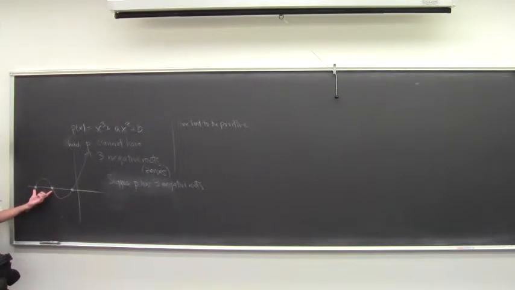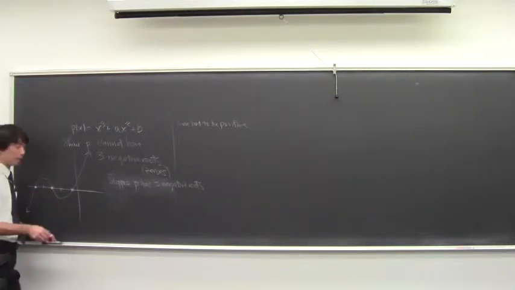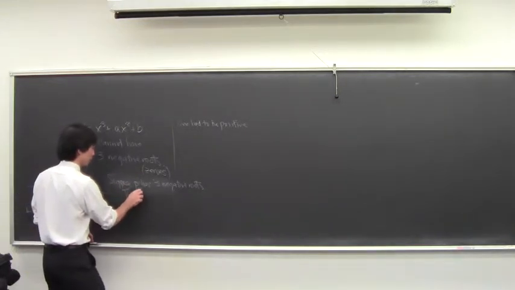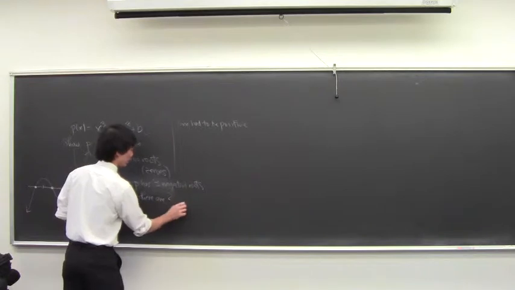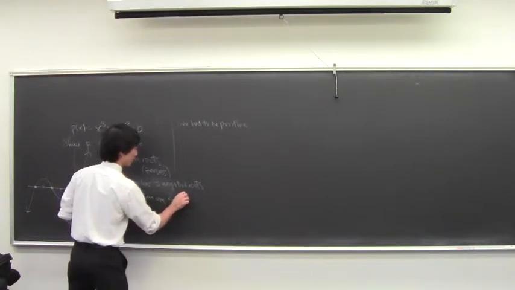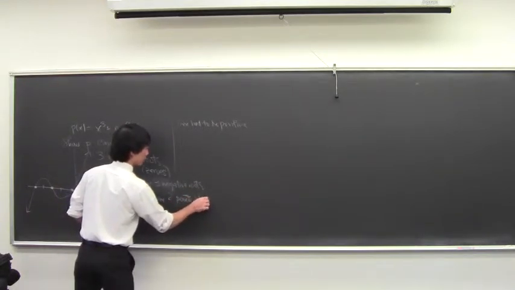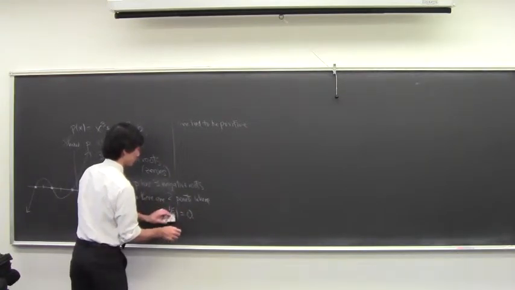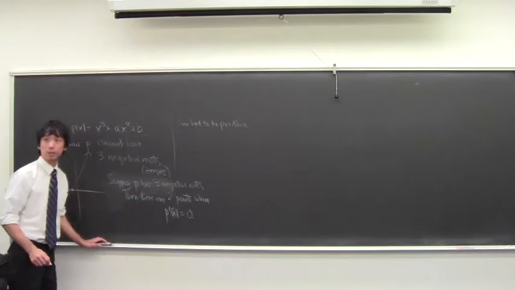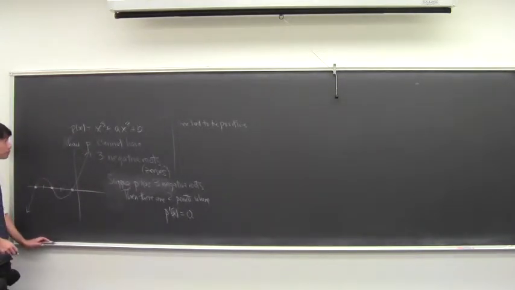If there's 3 negative roots, can't you say there's 2 places where the derivative is 0? Yeah, and they're both negative. Then there are 2 points where P prime is equal to 0.